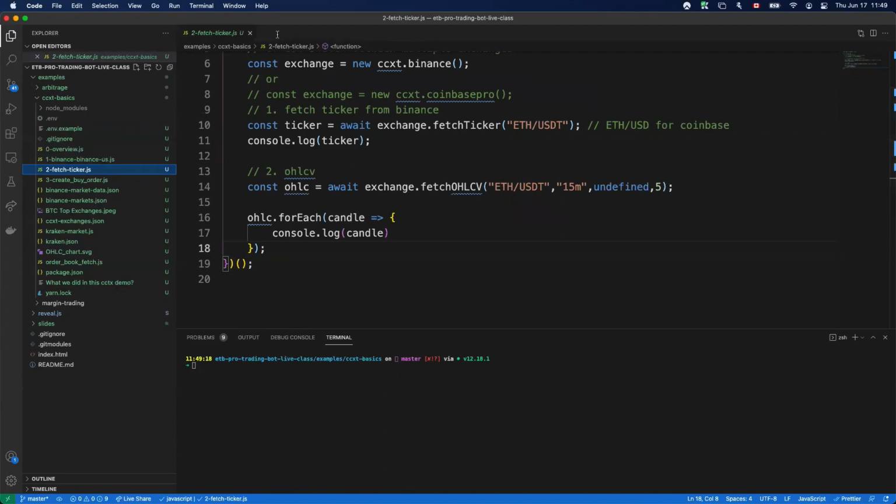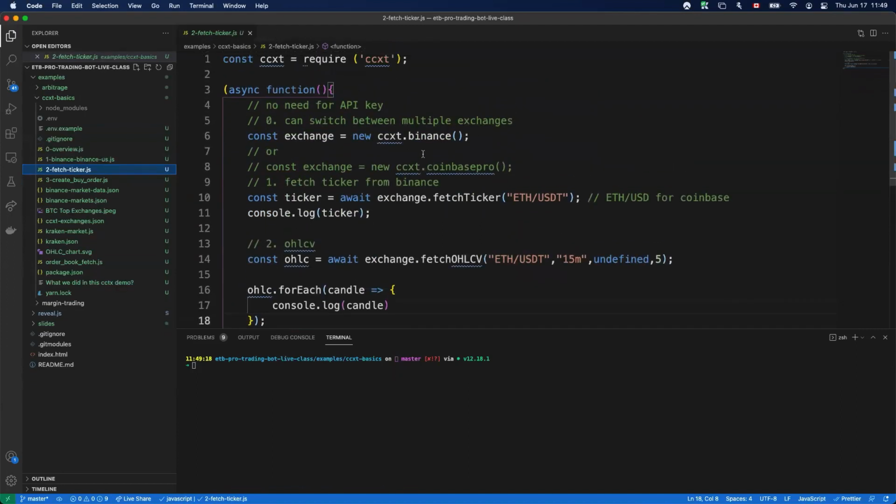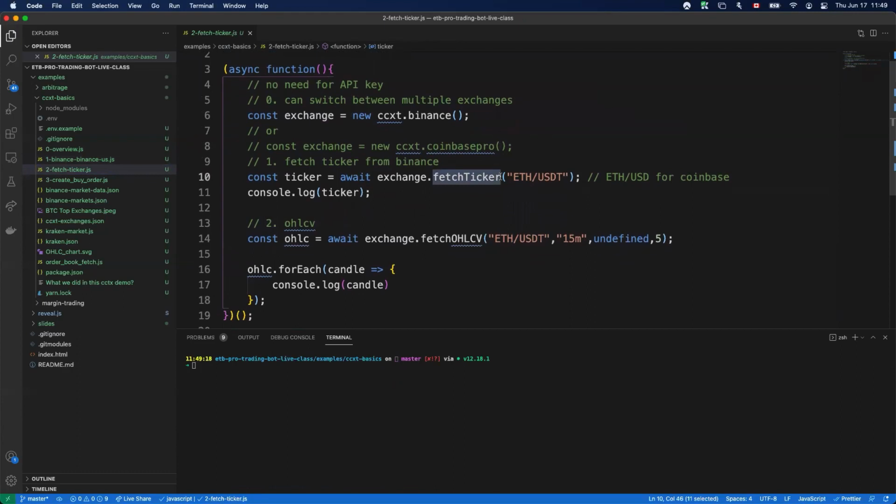The next application which will be useful for arbitraging is fetching the ticker data. Now, for example, if I would like to fetch the ticker data for ETH and USDT, how do I know that ETH USDT exists on Binance or not?